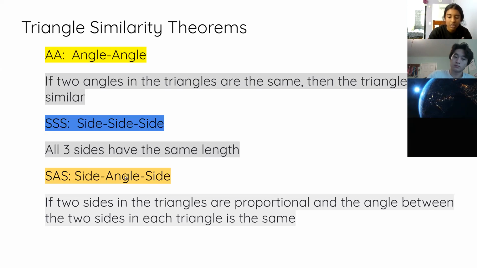You can have an equilateral triangle with equal angles, and you could have two of them, where one has side lengths 1, 1, 1, and if the angles are 60, 60, 60, the other triangle could have side lengths 300, 300, 300, because that's just a scale copy of the other triangle. They're obviously not the same triangle because the side lengths are different. So that's why it's similarity and not congruence.